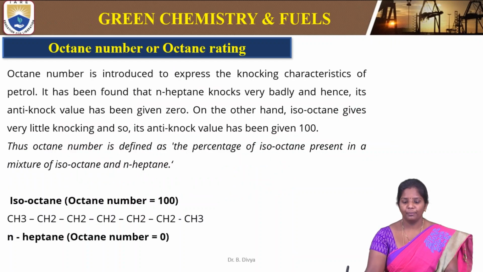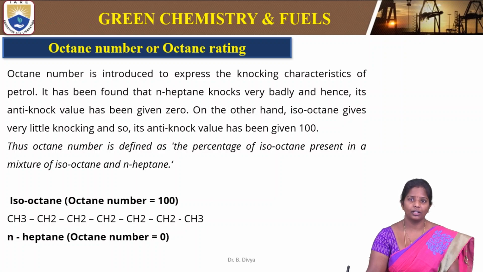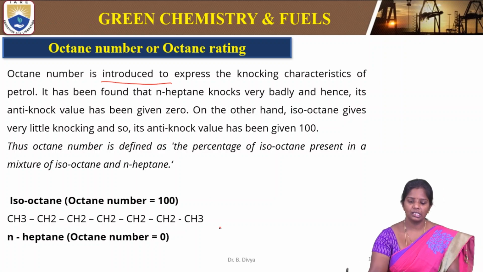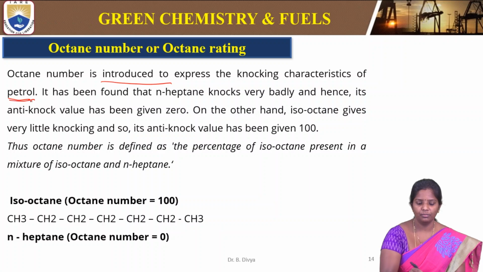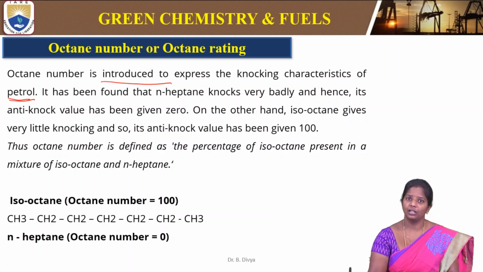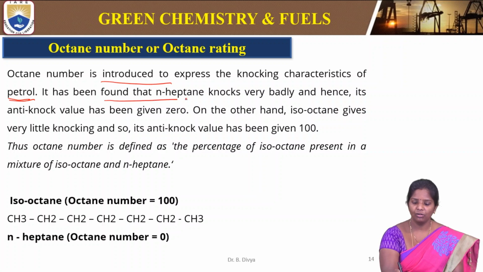Next is the octane number, or octane rating. We use these terms when knocking is happening in the engines. Octane number is introduced to express the knocking characteristics of petrol. We use petrol for running automobiles, and if there is knocking in the engine, we talk about the octane number of that petrol.